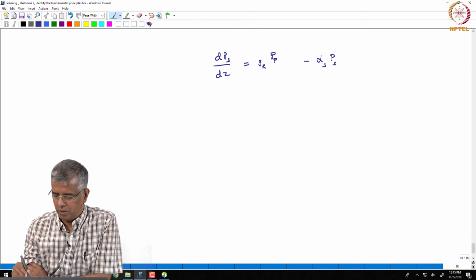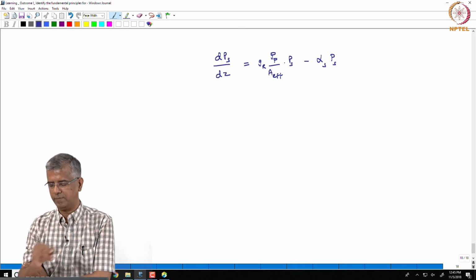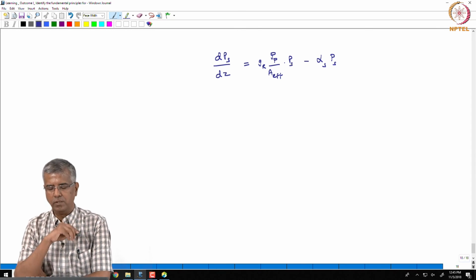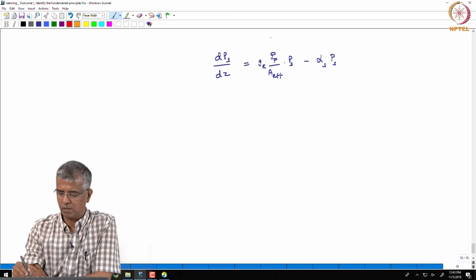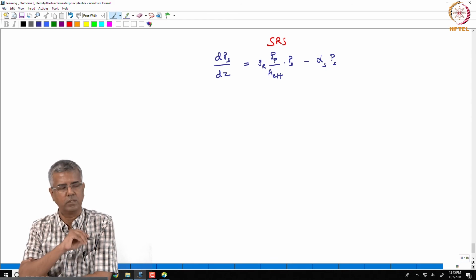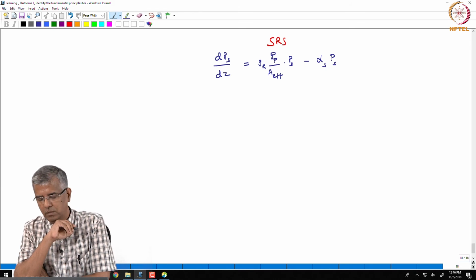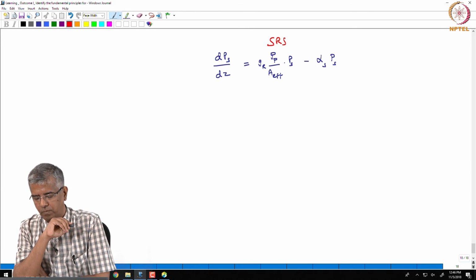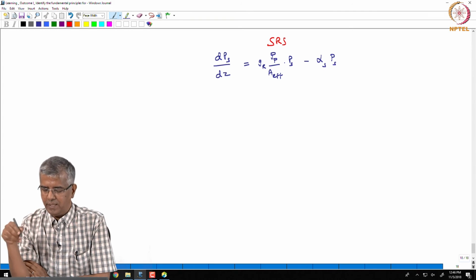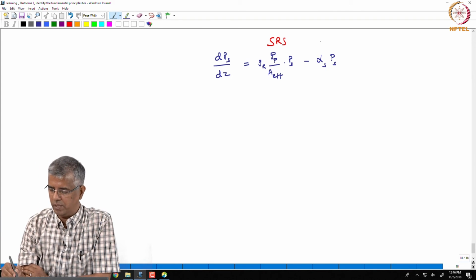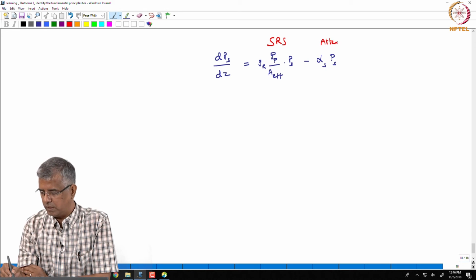So you have Pp over A effective multiplied by Ps. This corresponds to the SRS process, the stimulated Raman scattering process. It's getting enhanced at that rate, and you are losing photons due to just the attenuation in the medium.